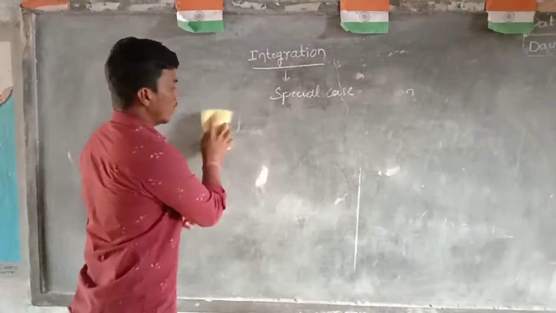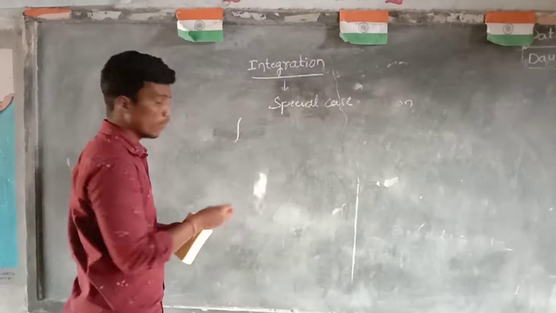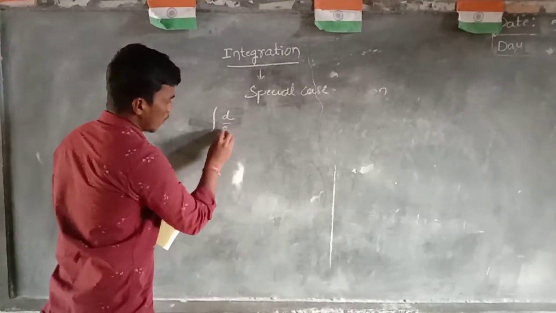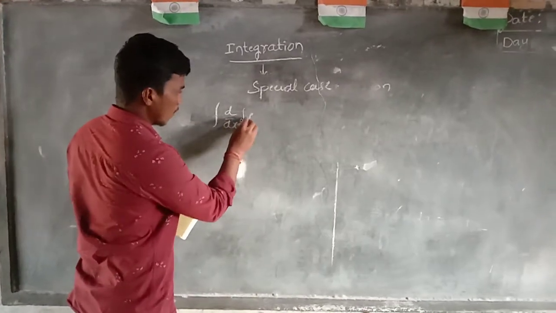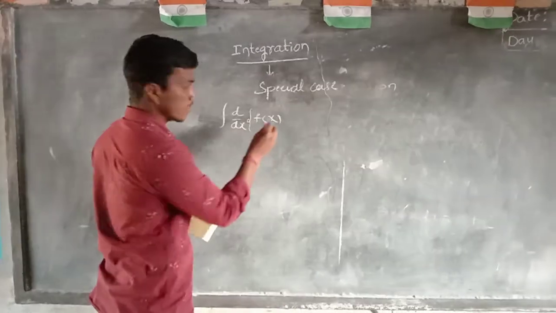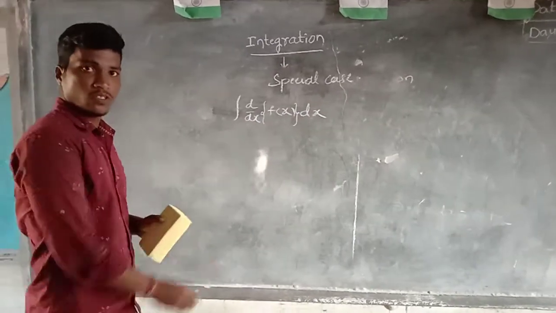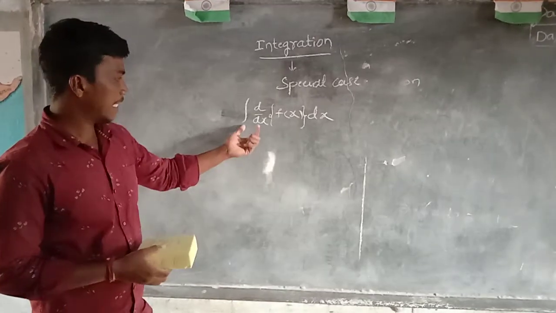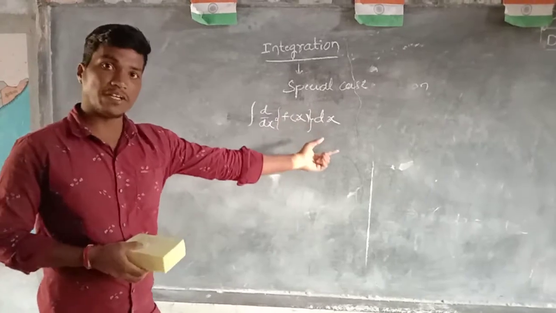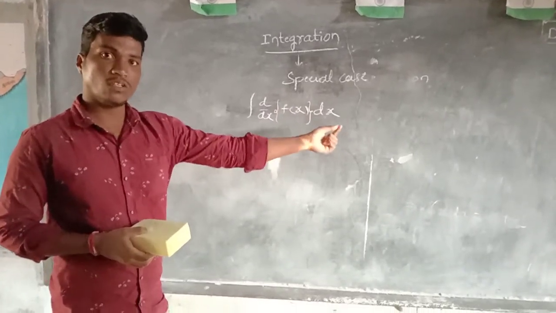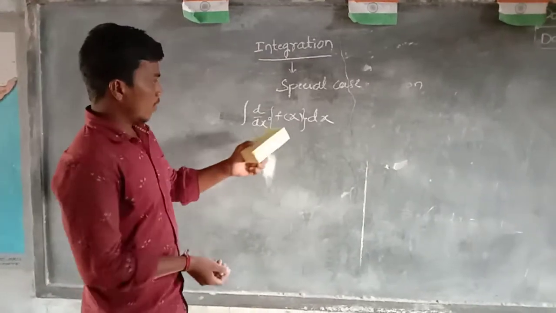Remember that. Now I am taking integration of d by dx of f of x dx. Observe here the integration of the derivative of f of x with respect to x.